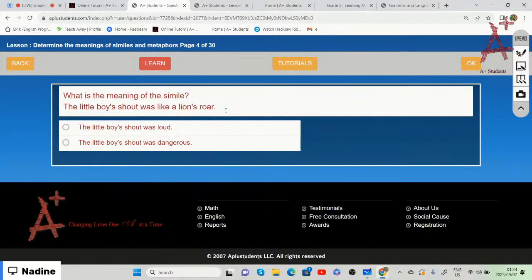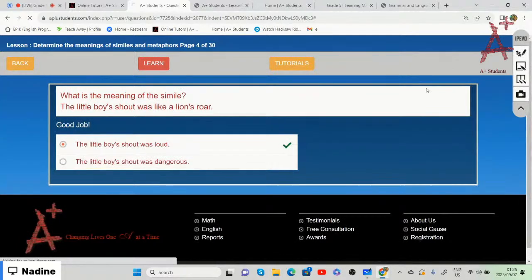So we need to compare by saying if it was either too loud or it was dangerous. And then we can safely say that the little boy's shout was loud. So he had a very loud shout. All right, so well done.